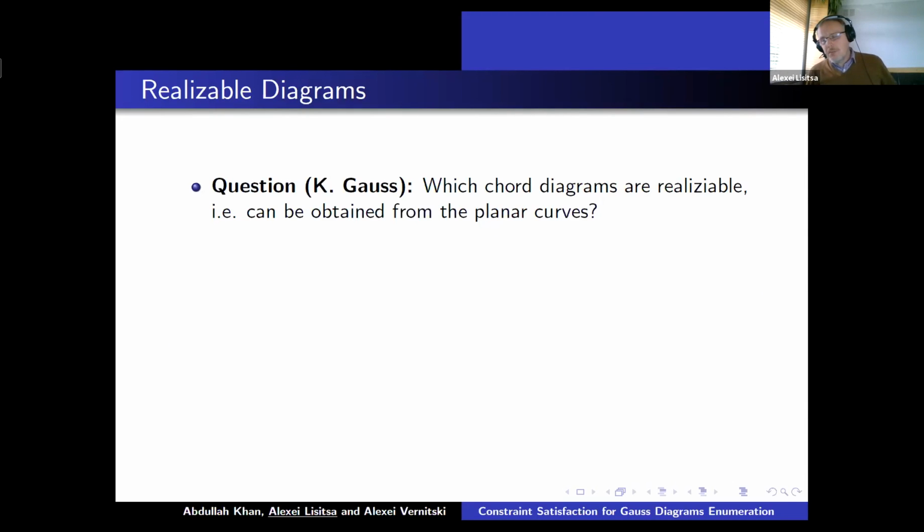Now we return more than 200 years ago to the classical question posed by Carl Gauss, who asked: if you start with a chord diagram, the object in the middle of my screen, can you get back and draw a planar curve, that is, does there exist a planar curve for which this chord diagram would be an encoding? Can it be obtained from a planar curve?